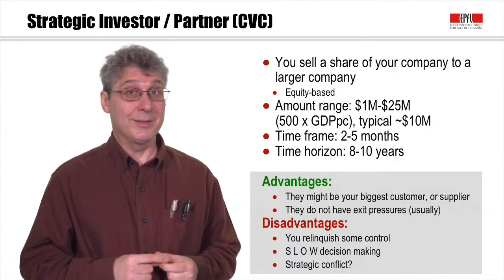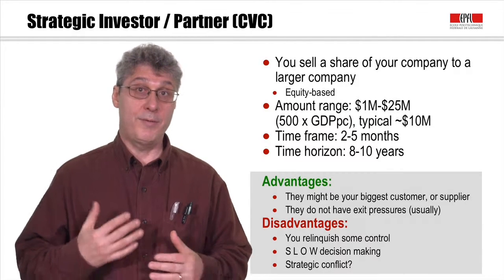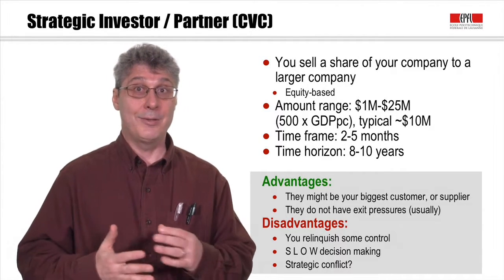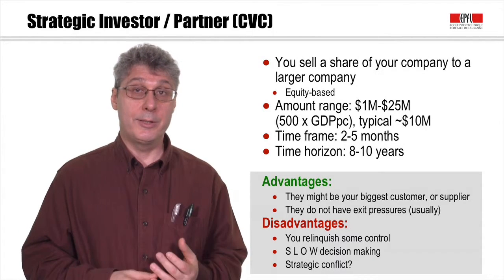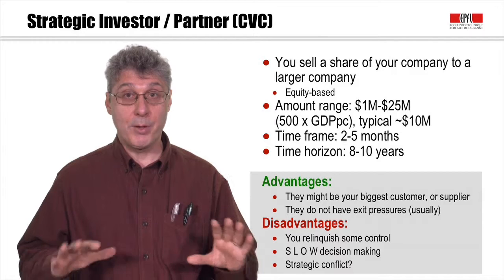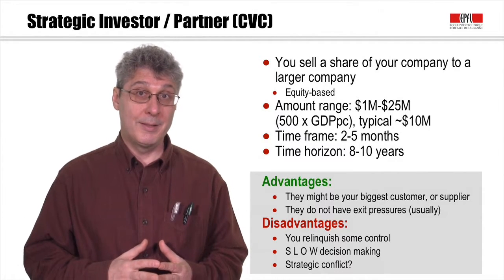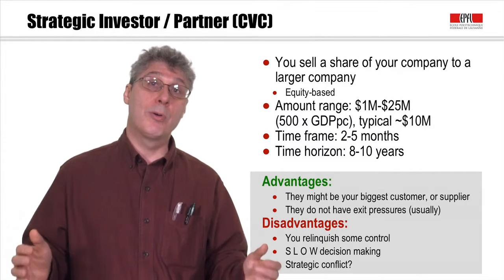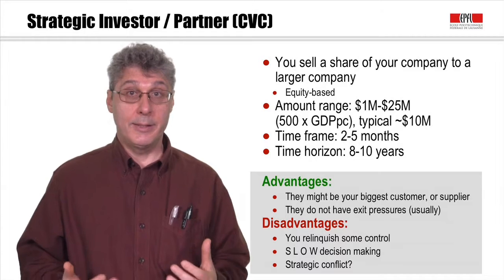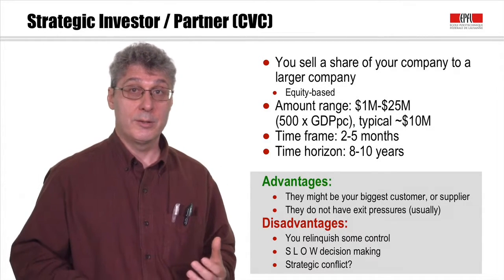The time frame is a little bit longer, say 2 to 5 months, because you have to find the investor, you have to get to the right person inside the big company, and then you have to negotiate the deal. Some companies set up their own units for making corporate venture capital investments, but other companies don't have such an official organized program. They're more ad hoc in the way that they make investments, and those companies take even longer to decide what to do.